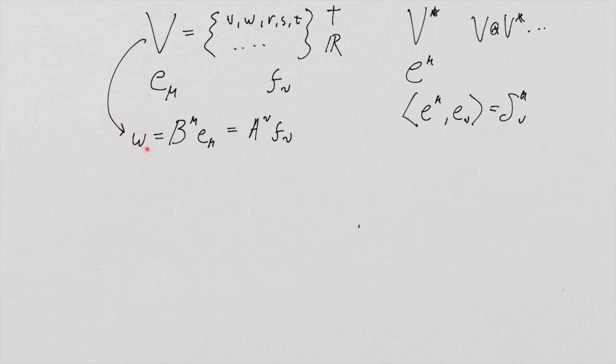The vector is an entity inside this vector space. It is one of an infinite number of possibilities. But once I pick a basis, I can express that thing in terms of the basis. If I take two different bases, the components are going to be different, but the difference is compensated by the difference in the bases.